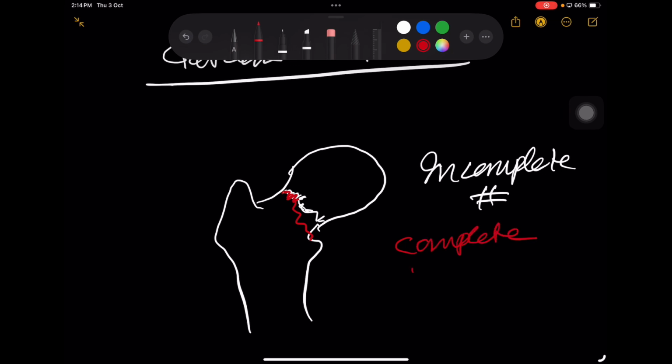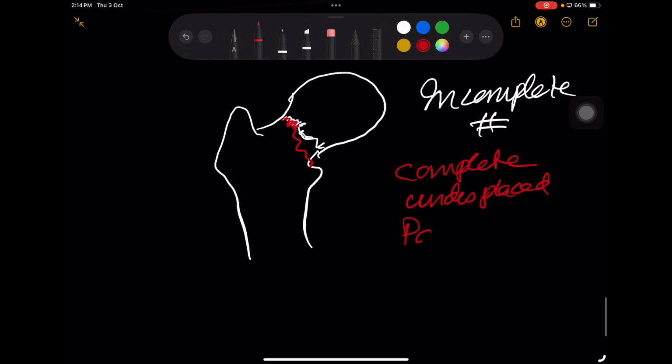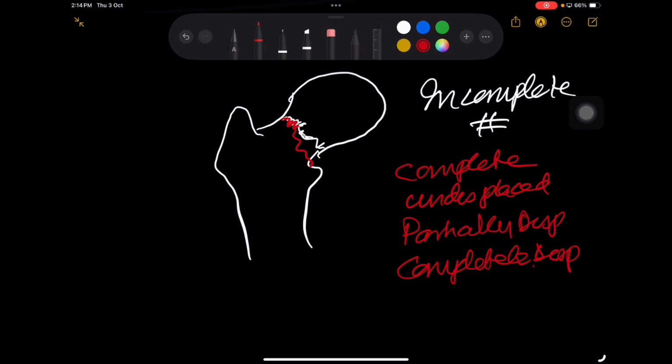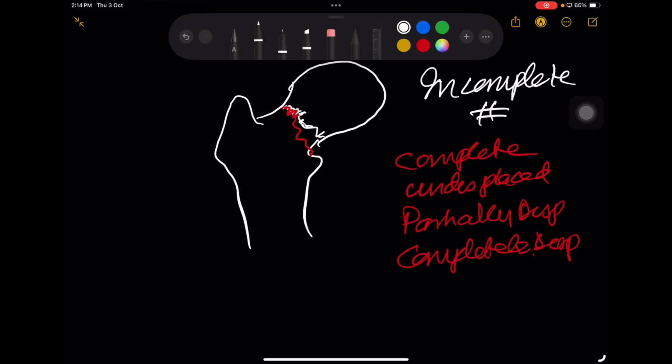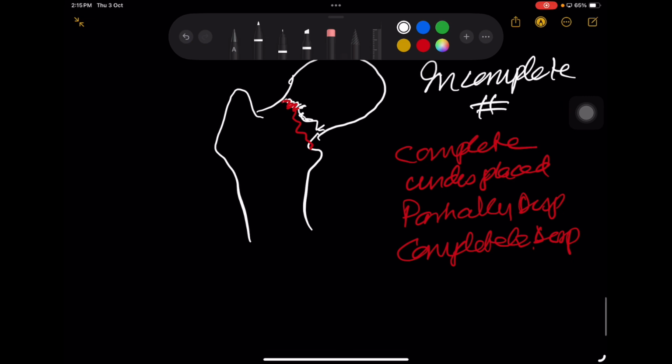But this complete can be either undisplaced, partially displaced, or completely displaced. So, according to the Gardner's classification, you can have an incomplete fracture, a complete undisplaced fracture, a complete partially displaced fracture, and a completely displaced fracture.